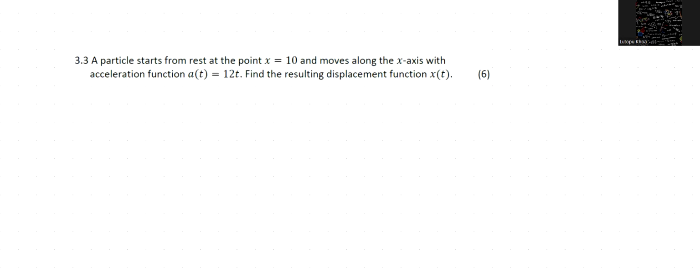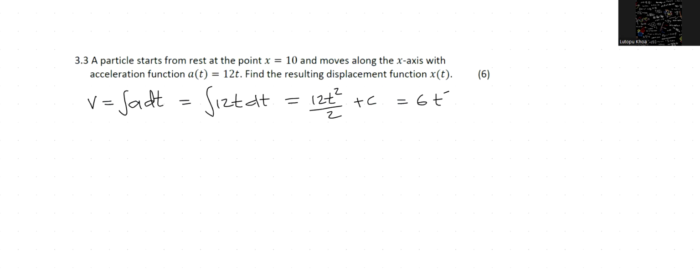So we know if we have the acceleration, the velocity is the integral of the acceleration with respect to t. So this is the integral of 12t dt. So this is 12t squared over 2 plus c, and this is 6t squared plus c. So we have to figure out what is c, and that is what I mentioned. It starts from rest.